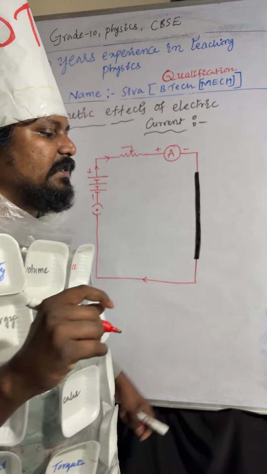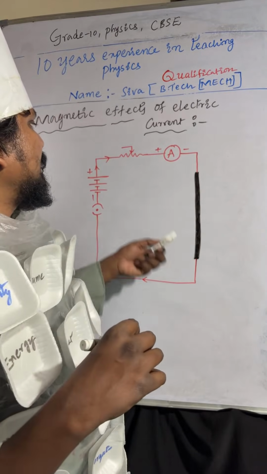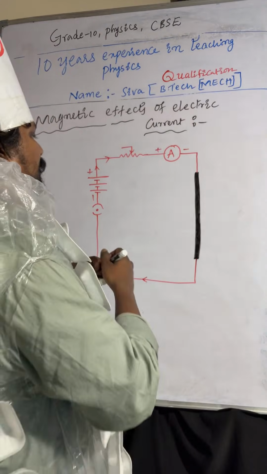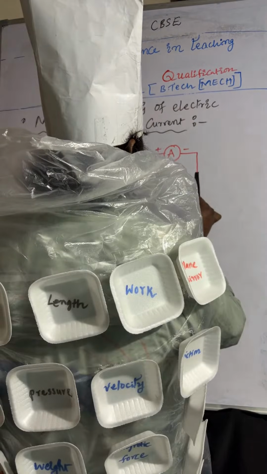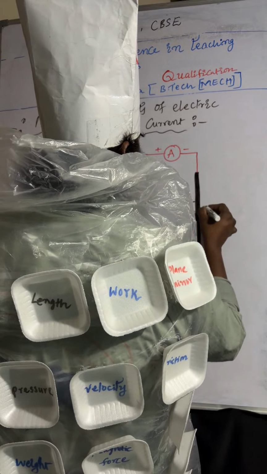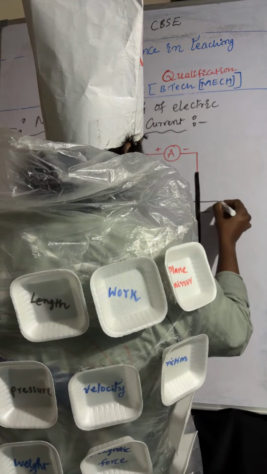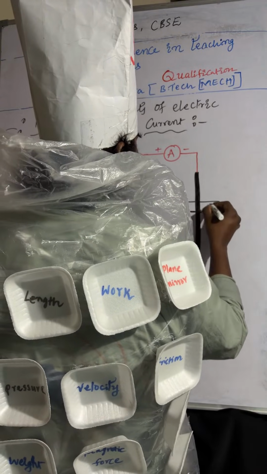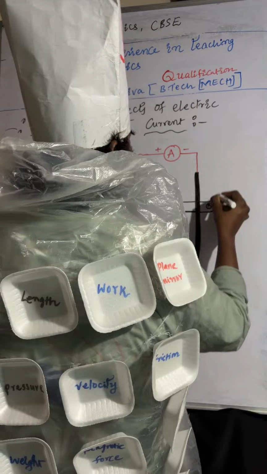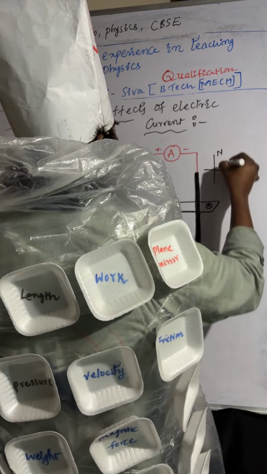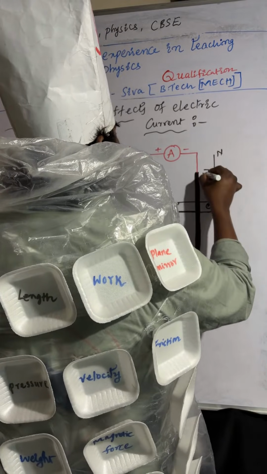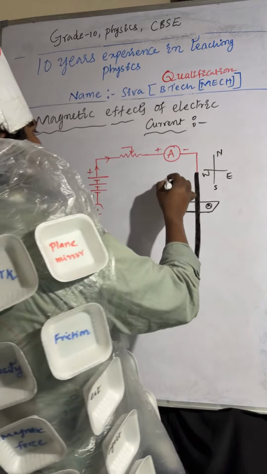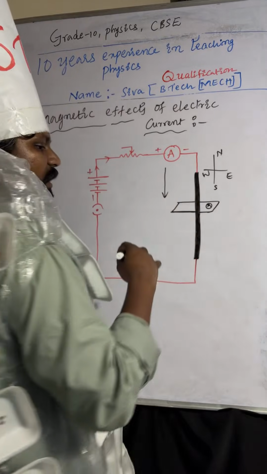I am placing a cardboard, and to place the compass, I am placing the compass over here. This is north and south, east and west. The current is moving from north to south.